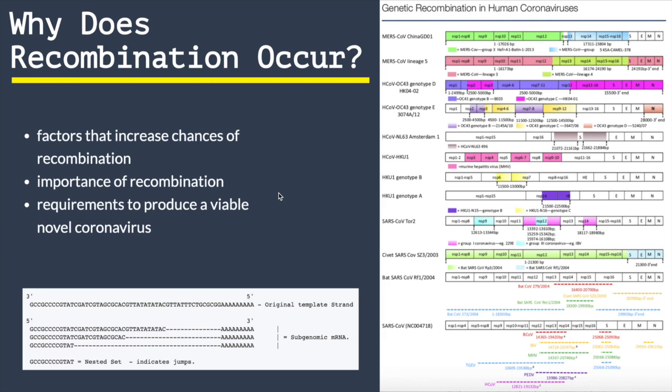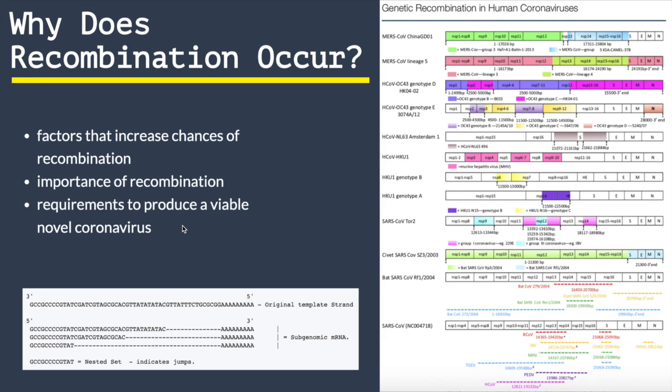And oftentimes it is in the spike protein, because if you have recombination occurring in the spike protein, this will alter its surface antigens that immune system cells use to identify the virus and to kill it. But if you have recombination occurring and create a spike protein that is slightly different, this will allow the virus to escape the immunosurveillance in animals so that it can adapt to a different host, such as a human host. And so because of this, the S protein is often a hotspot for recombination studies.